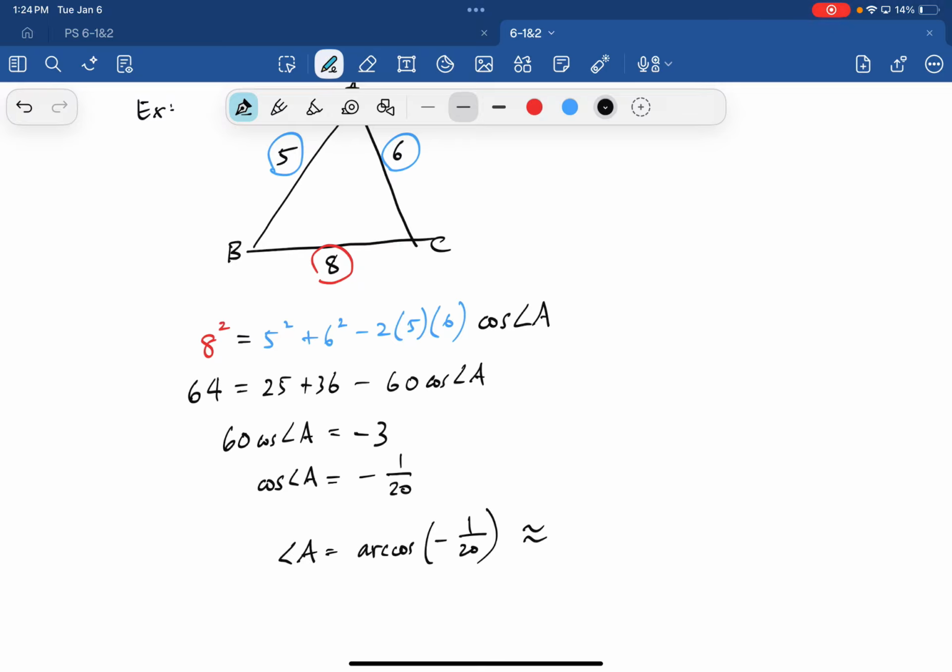I will guess 92.8 degrees. That's my guess. I think it's 95. I'll guess 95. Any other guesses? 92. 95.